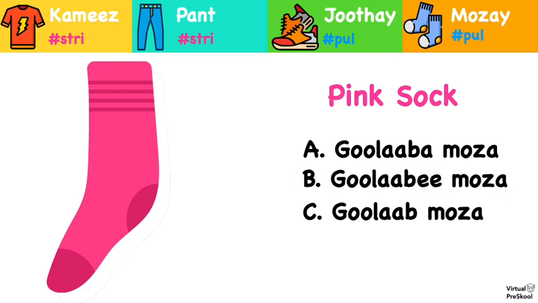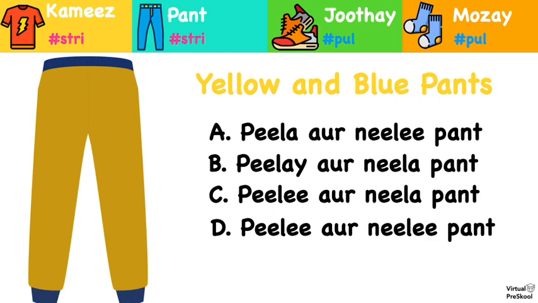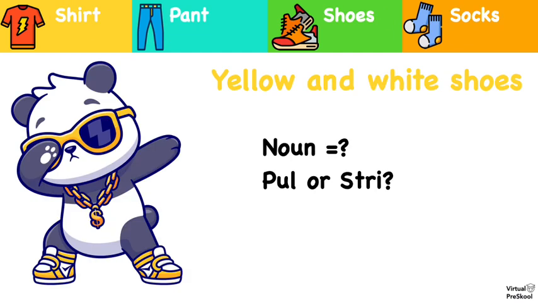B, gulabi moza. Yellow and blue pants. Would it be A, pila or neeli pant, B, pile or neela pant, C, pili or neela pant, or D, pili or neeli pant? D, pili or neeli pant.